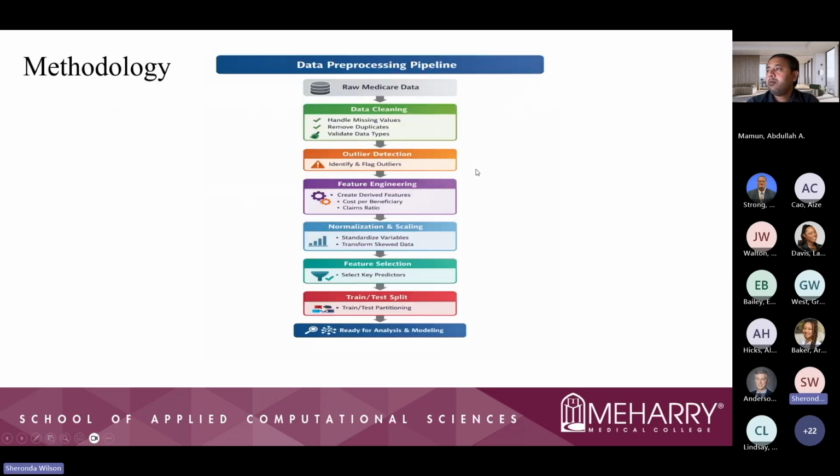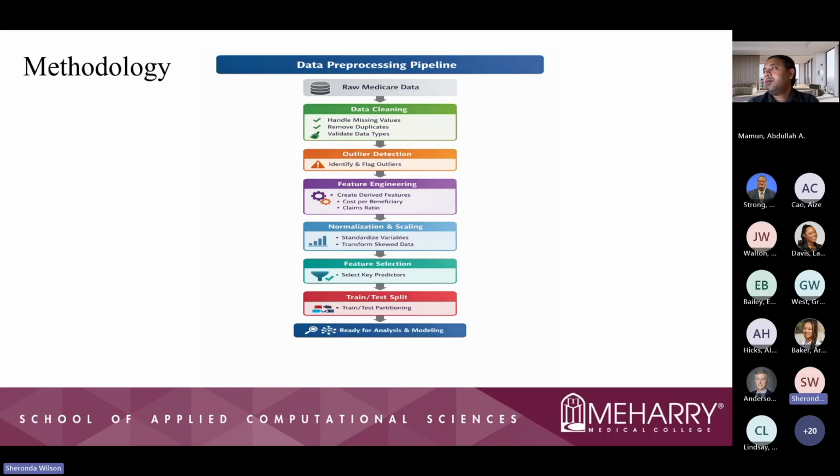So, this pipeline. The data set used in this study was derived from the public Medicare provider data set. It contains facility level records for U.S. nursing care providers and includes variables related to patient risk burden, utilization, reimbursement, and geography and demographics.